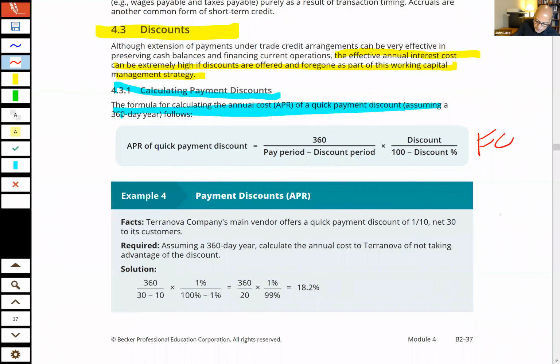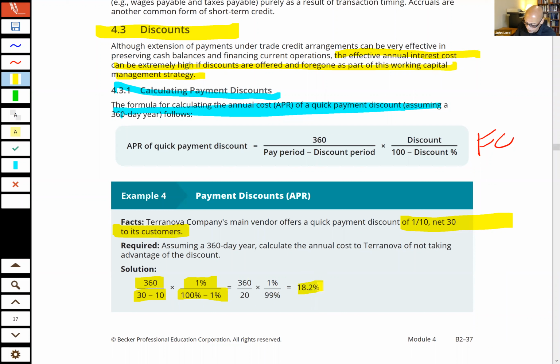Now, I don't think I need to tell you, but just in case you forgot how to read that, that says what? 1% discount if we pay in 10 days. Otherwise, we have to pay the entire amount in 30 days, right? So just using the formula, again, assuming a 360-day year, we would have 30-day period minus the discount period, and then it's the discount over 100 minus the discount.